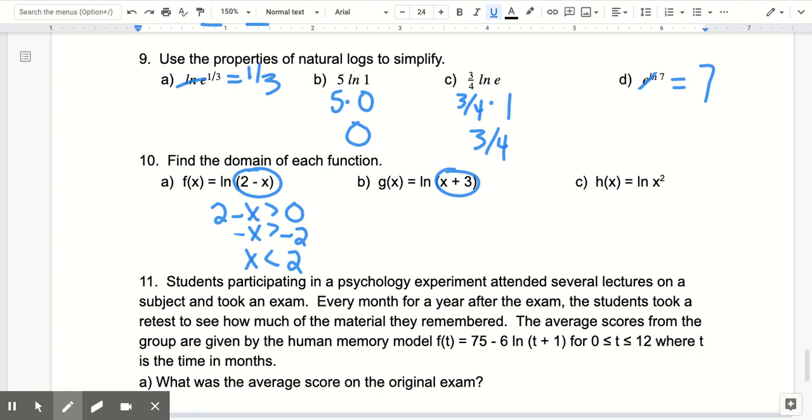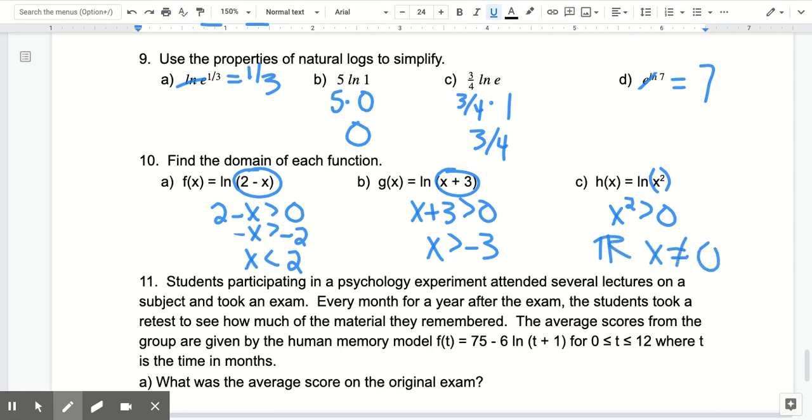Over here, we cannot take the natural log of a negative number, so x plus 3 has to be greater than 0. So x is greater than -3. And this one right here, x squared has to be greater than 0. Which is always going to be true, because we're squaring something, that's always positive. So that's going to be true for all real numbers, except you actually can't plug in 0, because then it would equal 0.